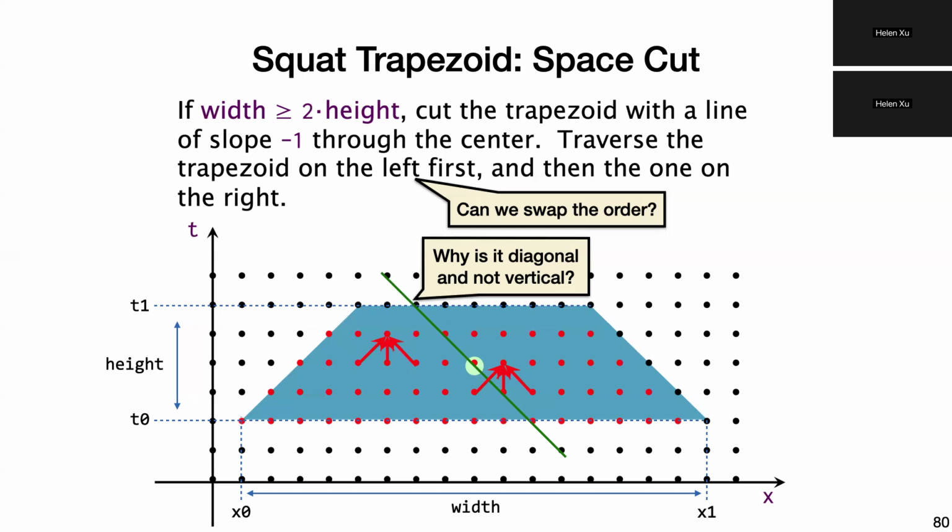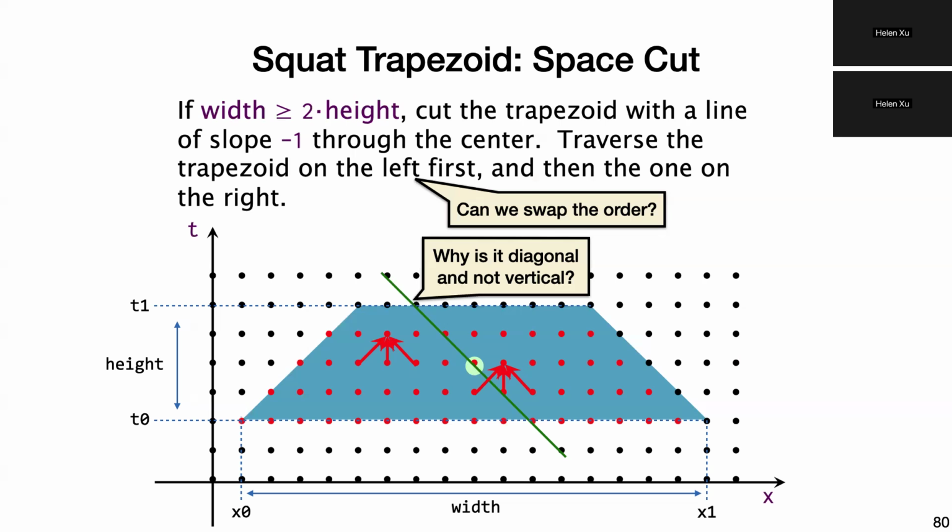Why? Yes, good. Because the right depends on stuff in the left, but the left does not depend on stuff in the right. That's why we do left first.